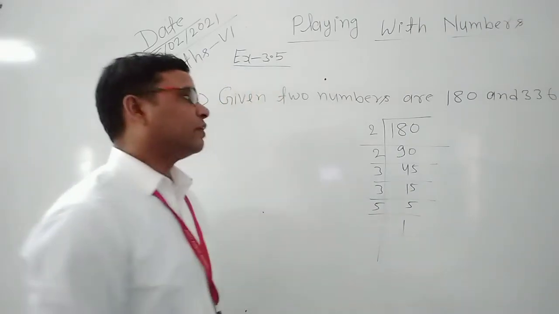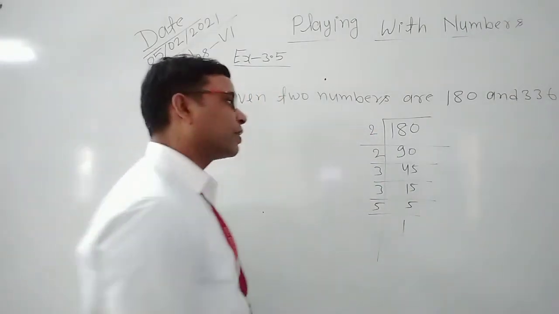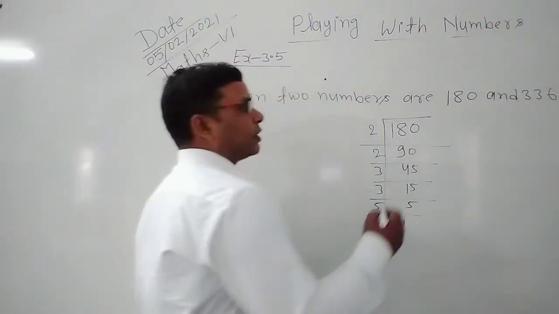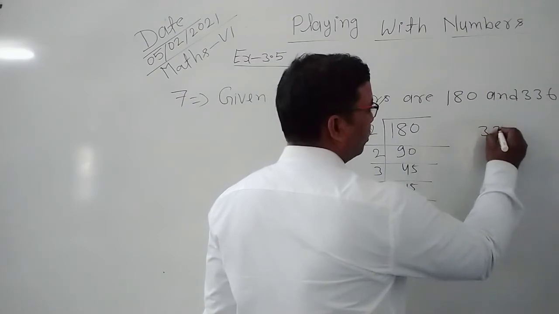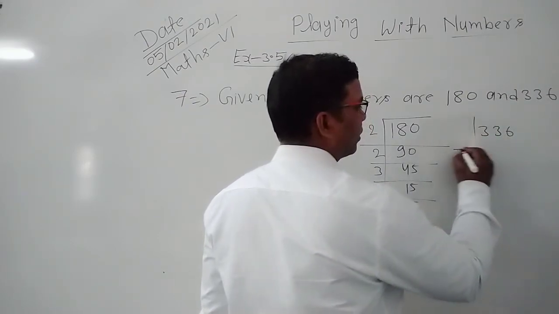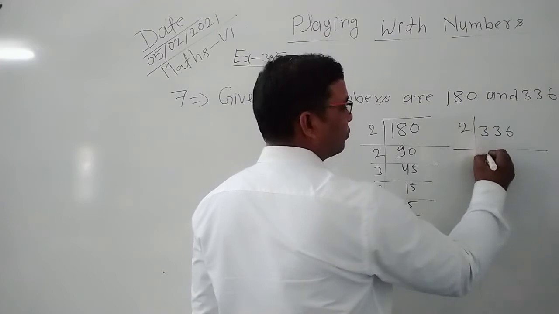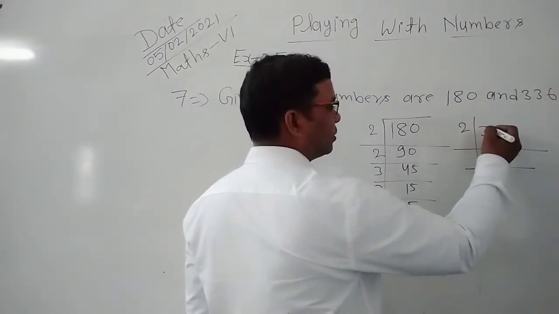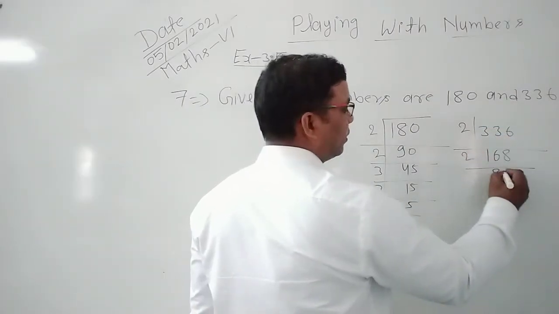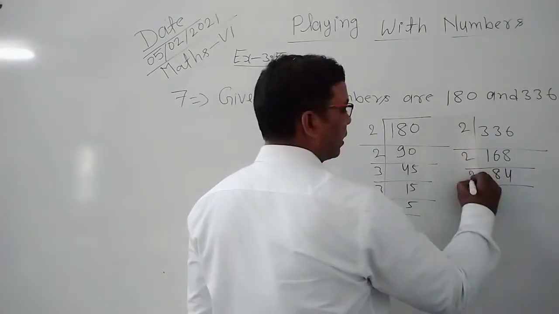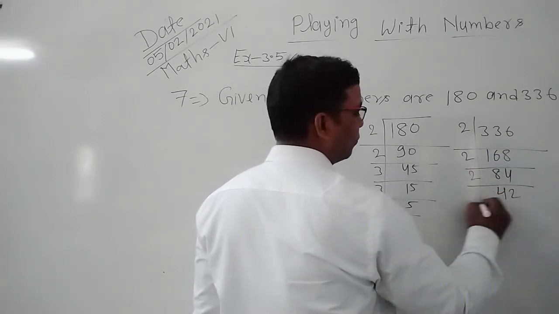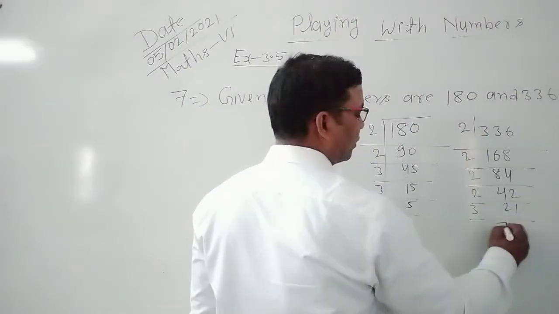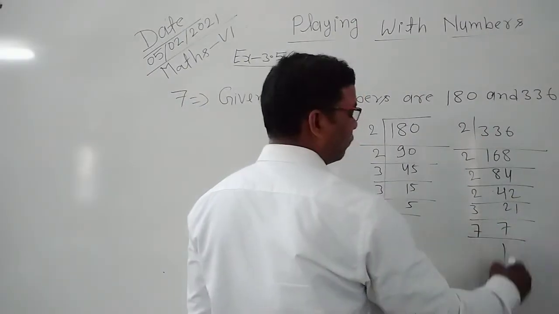First we find the prime factors of each number. Now 336: 2, 168. Again 2, 84. Again 2, 42. Again 2, 21. Again 3, 7.